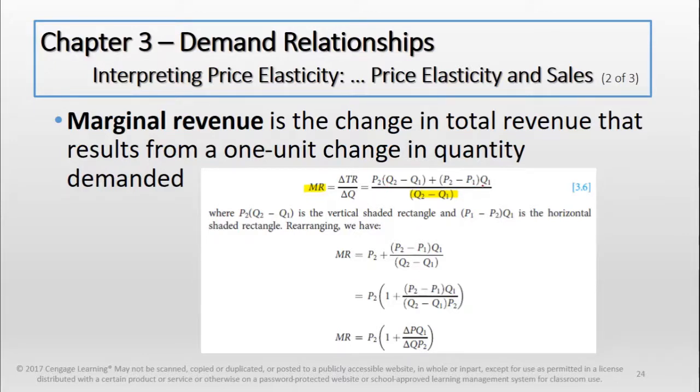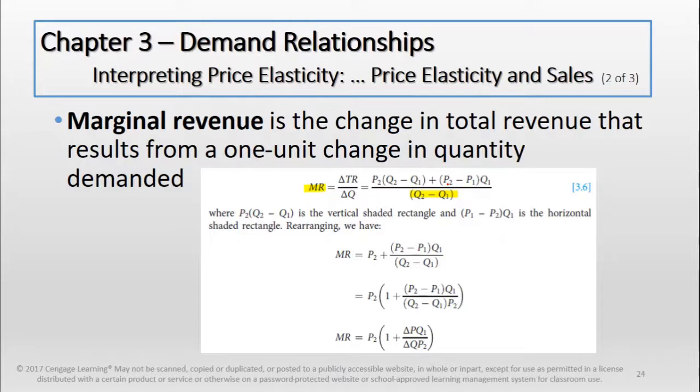Just keep in mind, in the problems, you will be given your new quantity, old quantity, new price, or old price. So, still take note of this expanded formula.